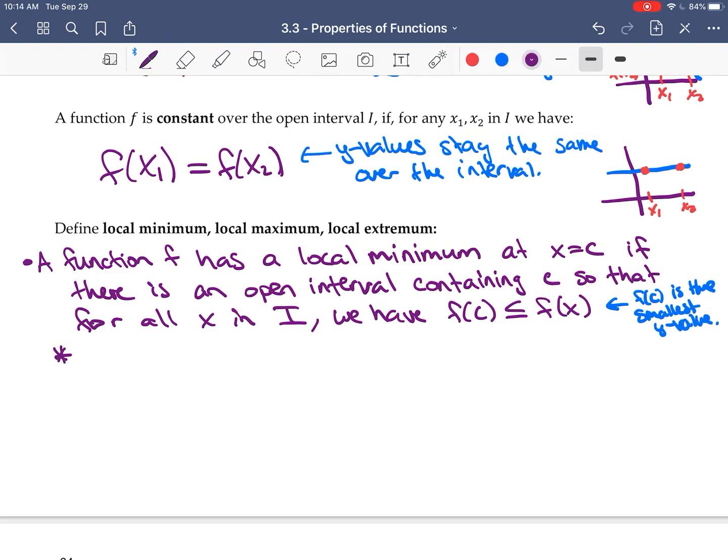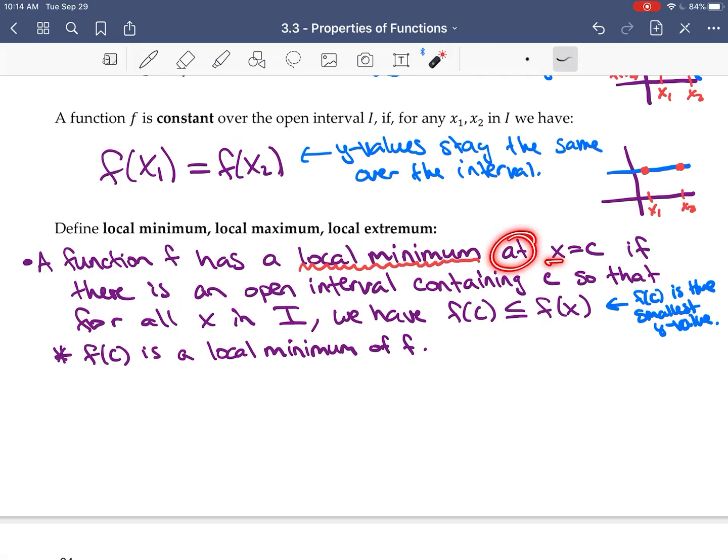Then we would say that f of c is a local minimum of f. So the y value is actually the minimum. Notice that we say local minimum at x equals c, but the minimum is actually the y value.